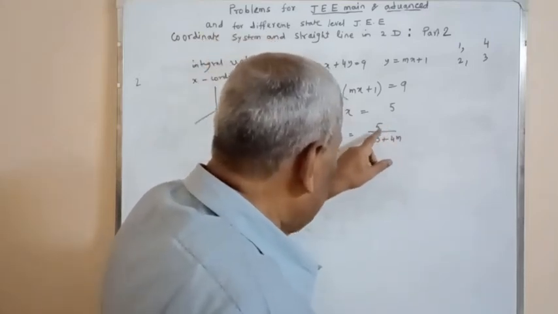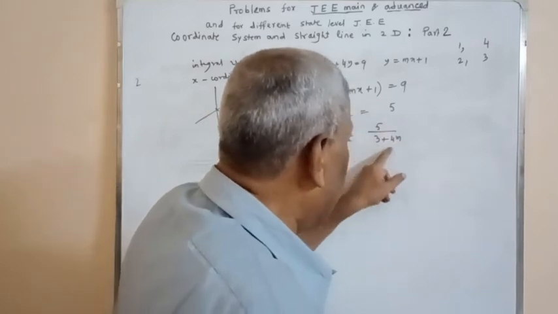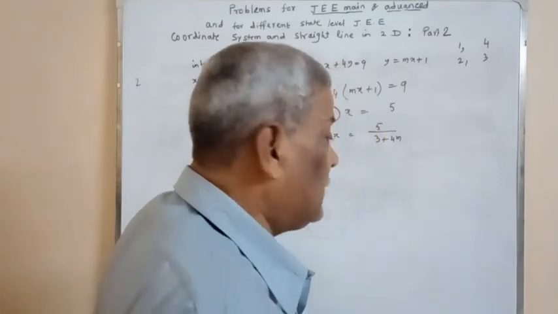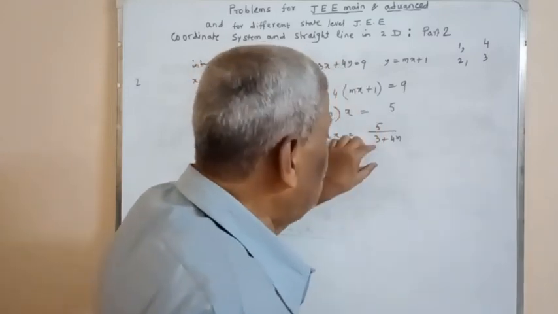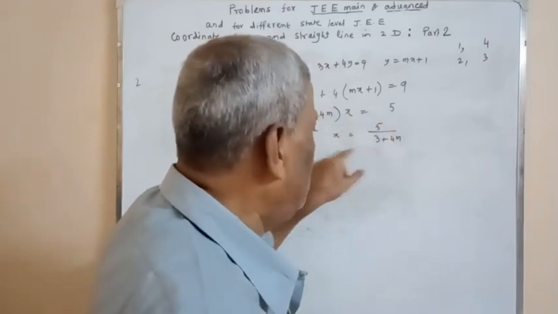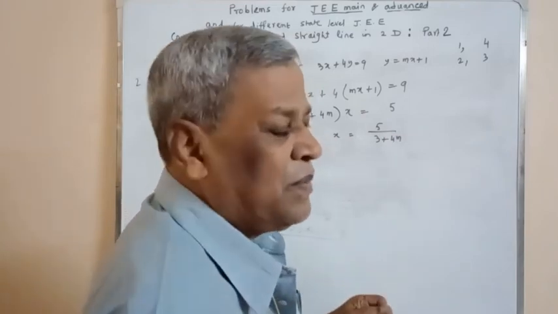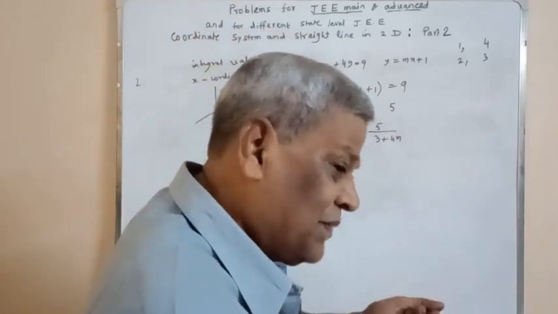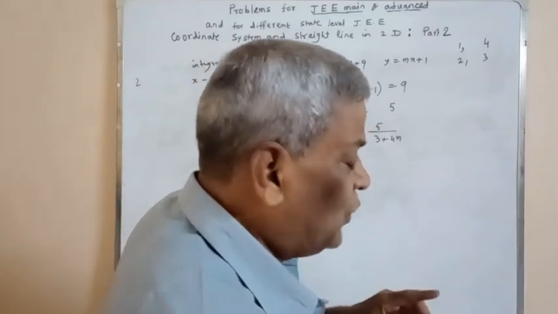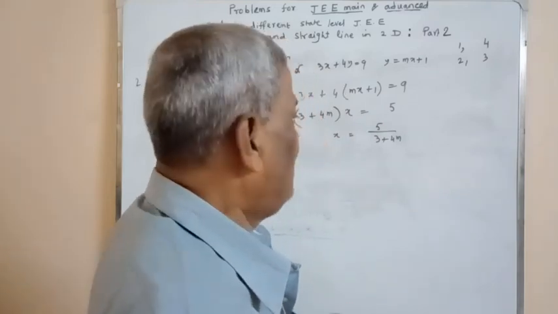If this is 1, 5 by 1 is another integer, 5 by minus 1 is also another integer, but no other values of the denominator are possible so that this by that becomes an integer, because 5 is not divisible by any other number, either by 5 or by 1. So 5, minus 5, or plus minus 1. Besides that, no values are there.